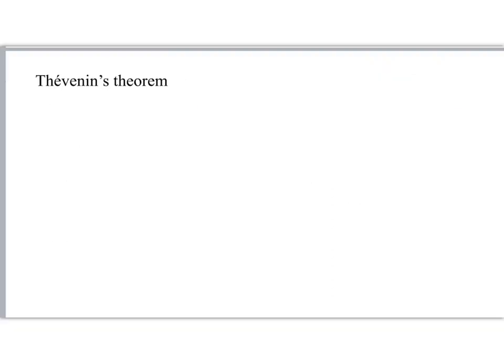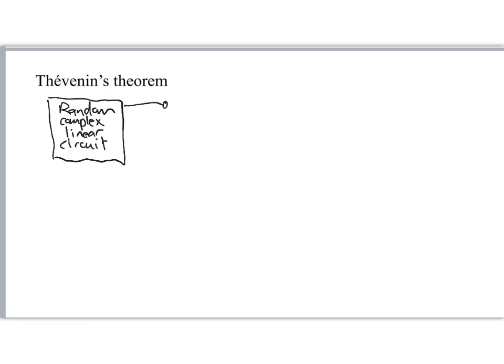So Thevenin's theorem says that if we have a random complex linear circuit that is connected via nodes A and B to a load, then we can find the Thevenin equivalent by removing the load.